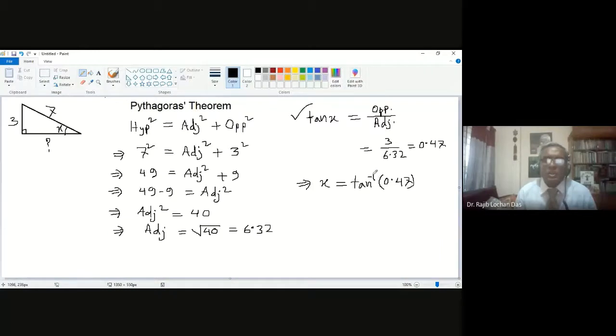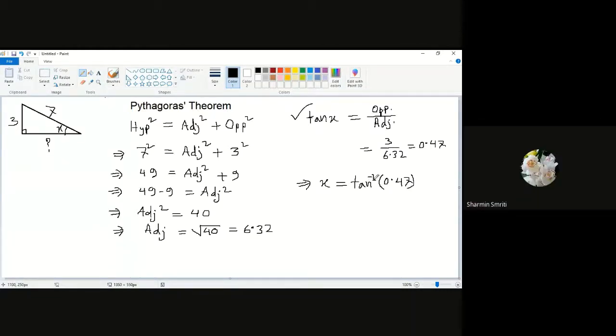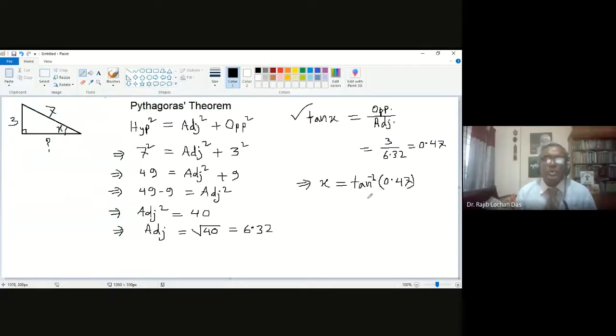You can apply this from your calculator by the shift button, shift then tan button, and it will give you the angle.